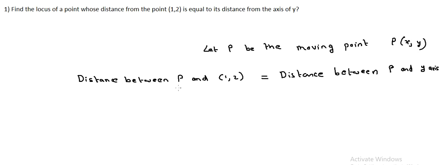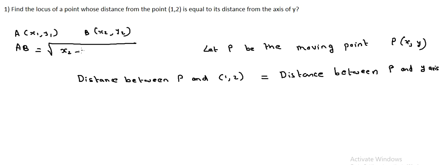Then what will be the distance between P and (1, 2)? We can use the distance formula. That is, if two points (x1, y1), let this be A, and (x2, y2), let this be B, are given, the distance between A and B, denoted by AB, is equal to the square root of (x2 minus x1) whole squared plus (y2 minus y1) whole squared.